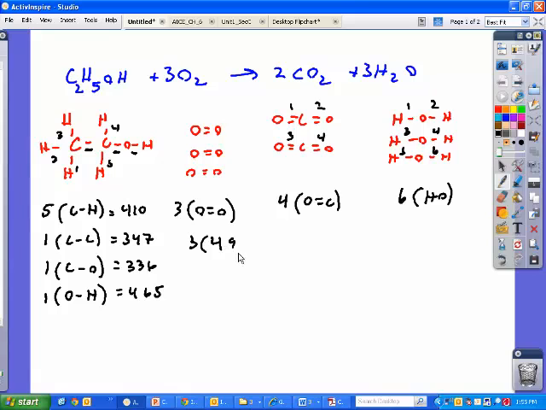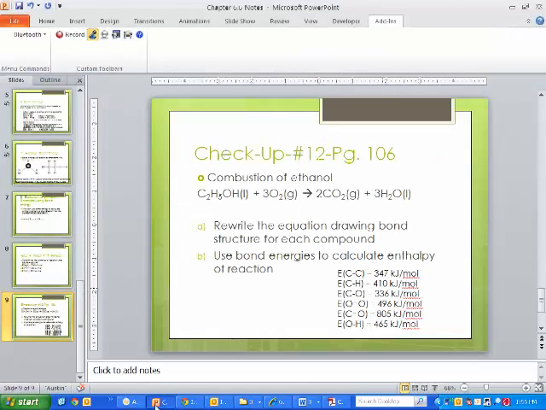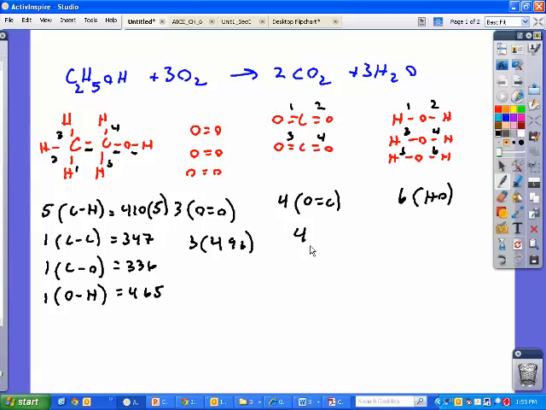Double bond O 496 multiplied by 3. Oh, we gotta multiply these by 5. Double bond CO 805. 4 of those. And OH 6 times 465. Alright.